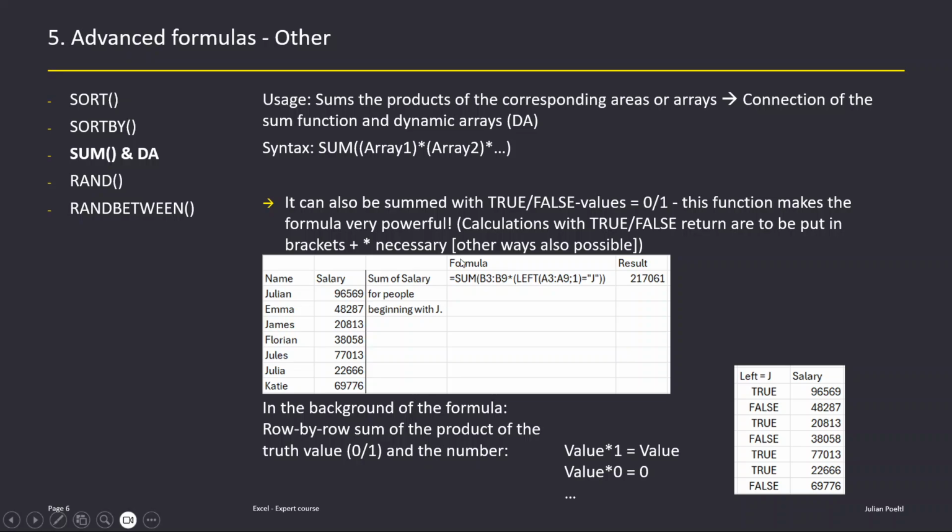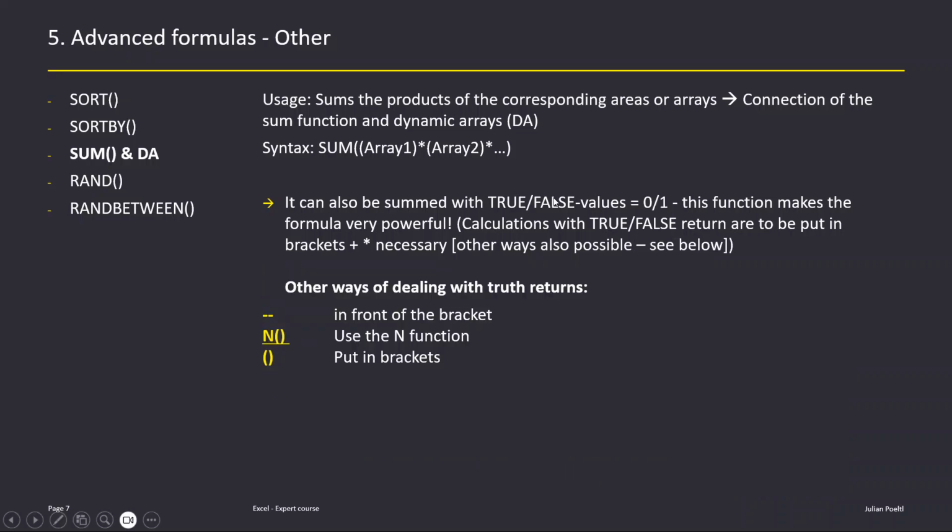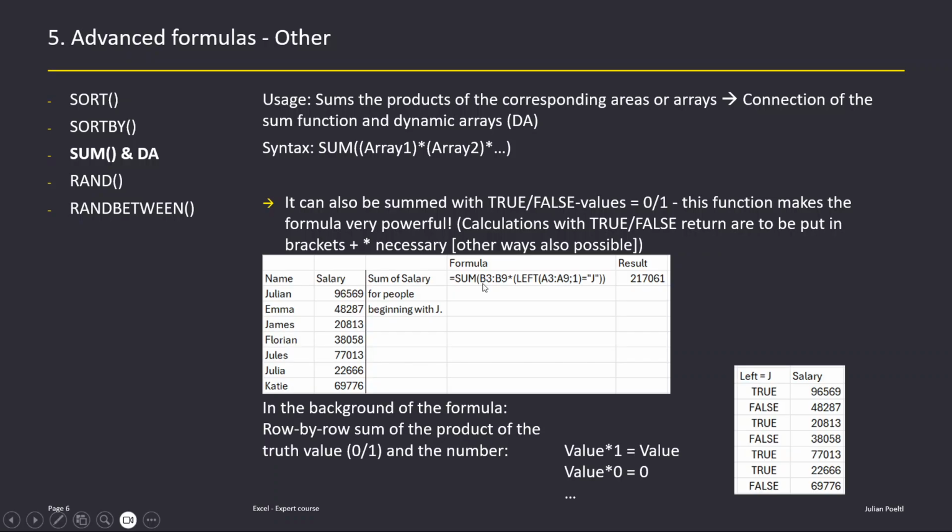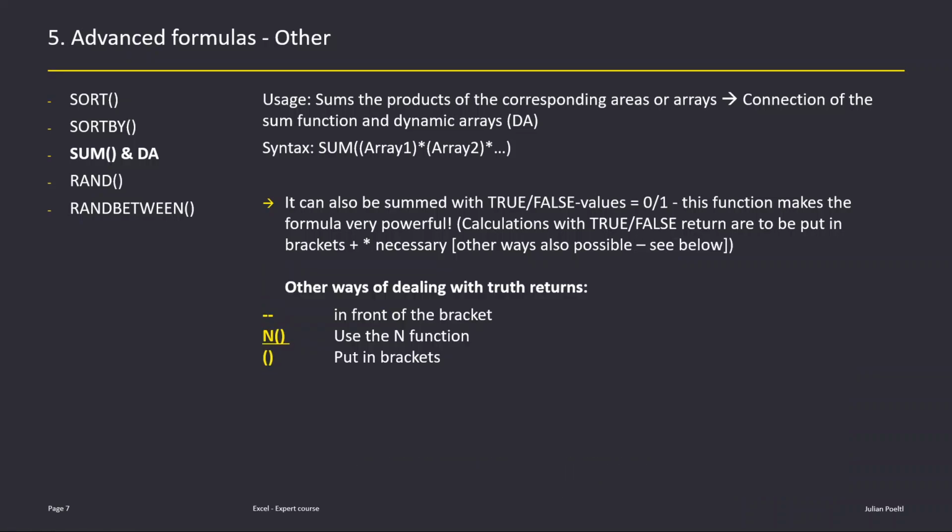And you could do more than two arrays here, so you can extend this. And you need to put this into brackets to sum this up, because if you don't put this into brackets, you need to transform it into 0 and 1 with these things we touched on before.